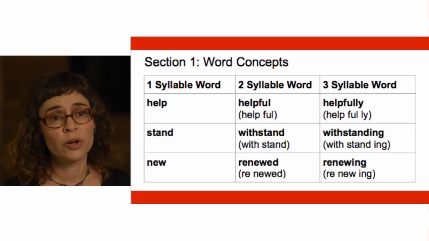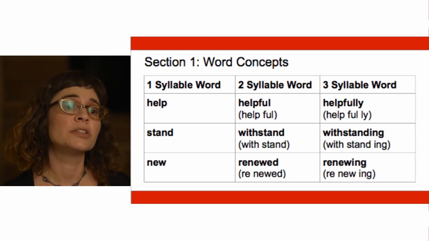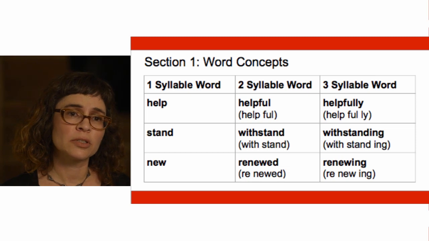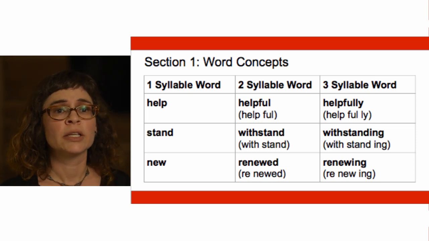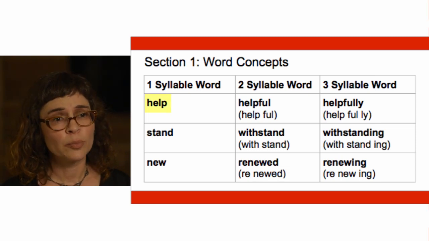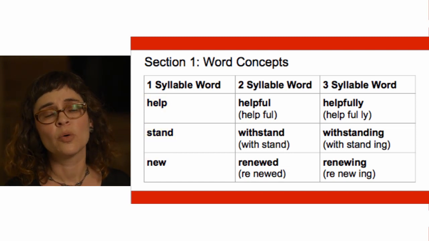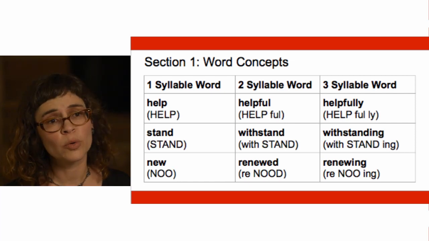Let's go back to the words we were looking at when we were determining syllables. Which are the stressed syllables? You'll notice in all the words that help, stand, and new are stressed. One-syllable words, the whole word is stressed.